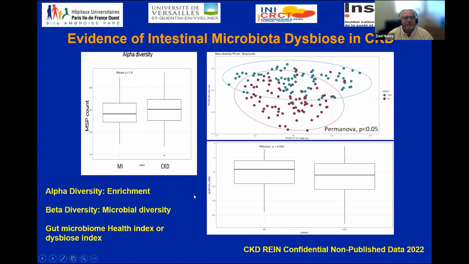However, if you look at the beta diversity, which reflects different types of microbiota, you can see a significant difference between green, which is CKD, and control. More importantly, the gut microbiome health index, which indicates dysbiosis, was lower in CKD patients, and this is also significant. So there is no quantitative modification, but a qualitative modification in CKD.